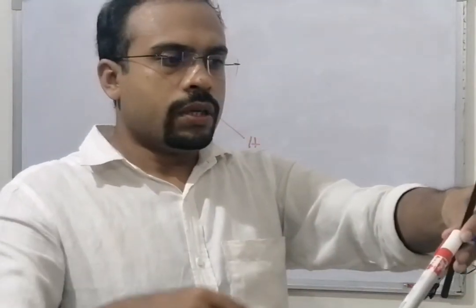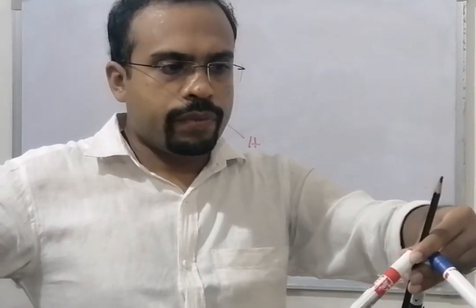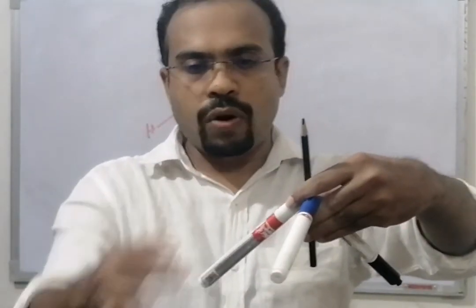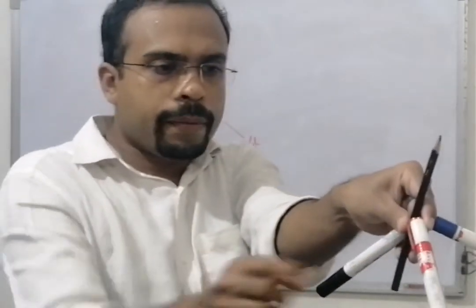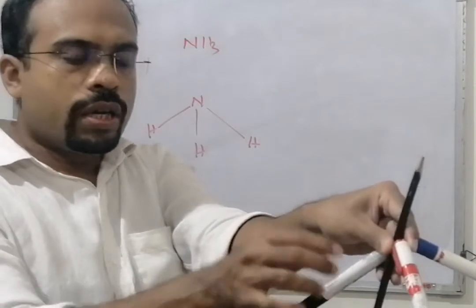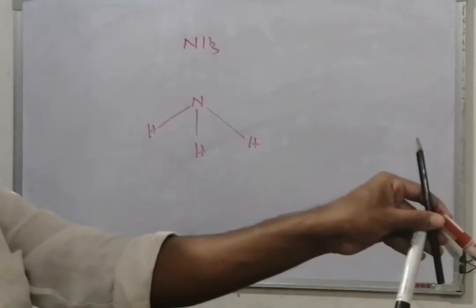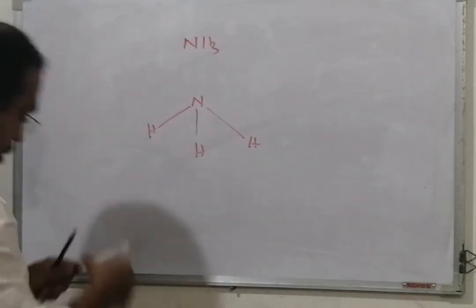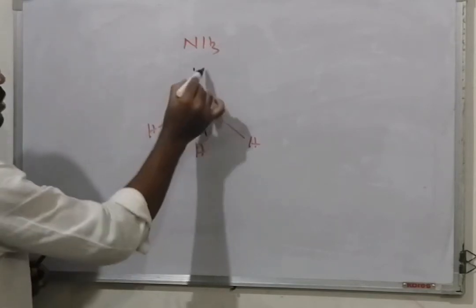Am I correct? Now I just rotate the C3 axis. This is towards you. Now I rotate. All are equal, hydrogen, hydrogen, hydrogen. Now again I rotate. Therefore it has a C3 axis through the center.